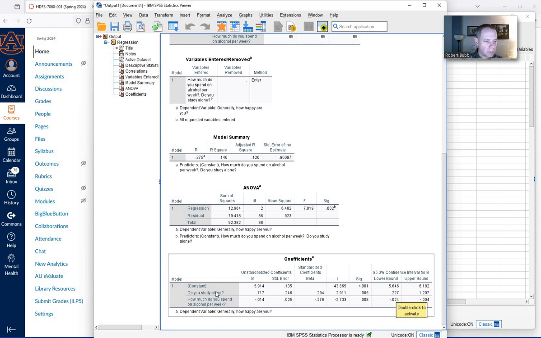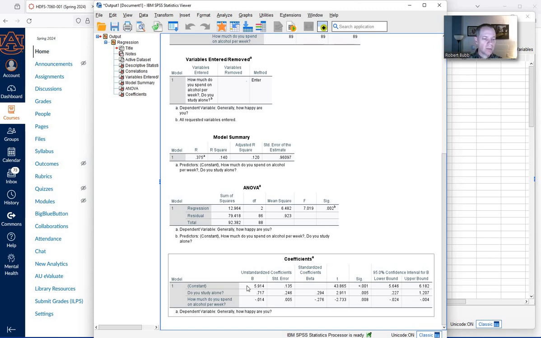So, significant predictor. Let's talk about these values here. I'm going to talk about this in relation to the constant. You see the constant here is a value of 5.91. If we were to interpret this constant, we would say this constant is the mean value of happiness when a student is studying alone.